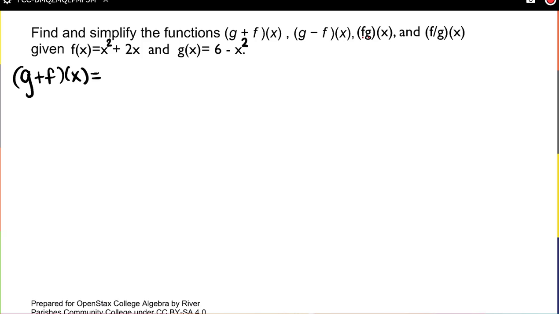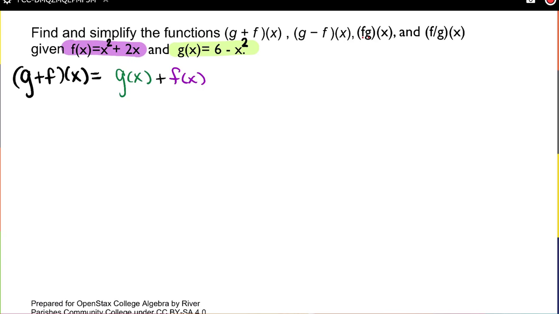of x. So what we want to do is take g of x and add f of x. And we can see that g of x is 6 minus x squared, and f of x equals x squared plus 2x.